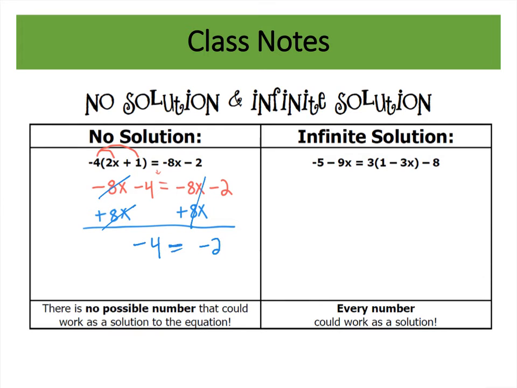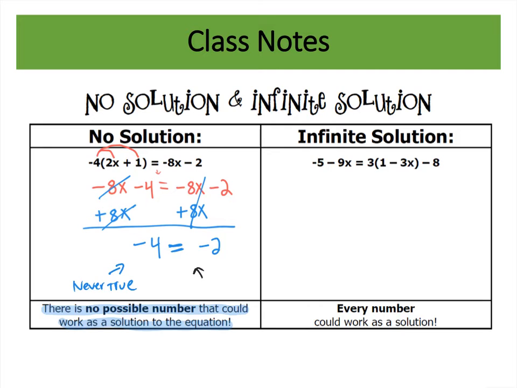So notice that this is never, ever true. What this means is that there are no possible numbers that could work as a solution, so when we check our work and enter something back in, there is no number x that works. This is a never true statement.